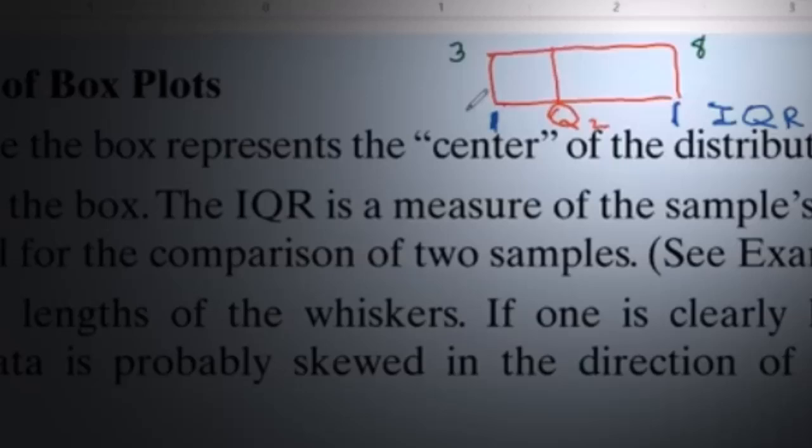That's a big difference. If you look at it on the line, for Q1, 25% of the data falls below it. For Q3, 25% of the data falls above it. That means 50% is in that region, or our IQR.